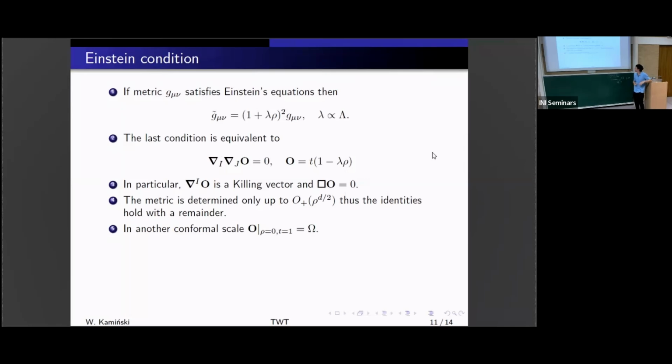Okay. So maybe let's look at the Einstein conditions. A metric satisfies the Einstein equation if and only if this G tilde, this non-trivial part in the ambient metric, is of this form. And this property is equivalent to some property of some function that is written here.